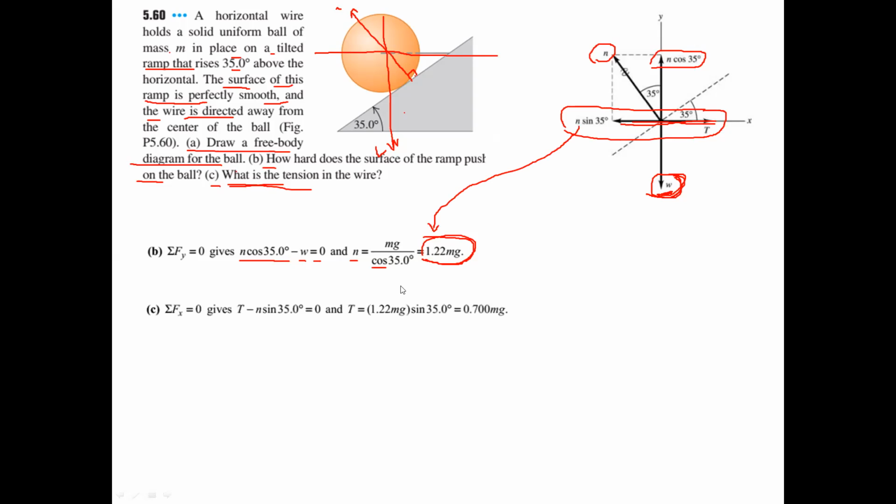So T minus N sine 35 degrees will be equal to 0. In this case, put the N value from the first part of the question. T will be equal to 1.22 mg sine 35 degrees, yes. Okay.